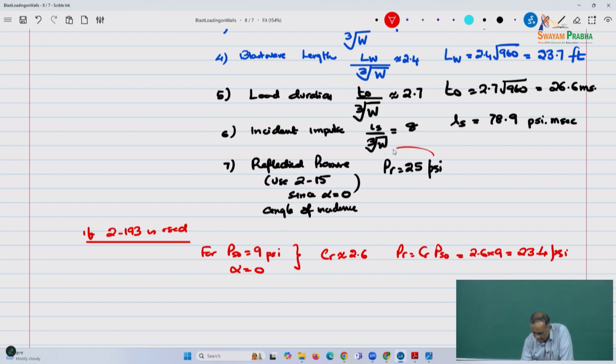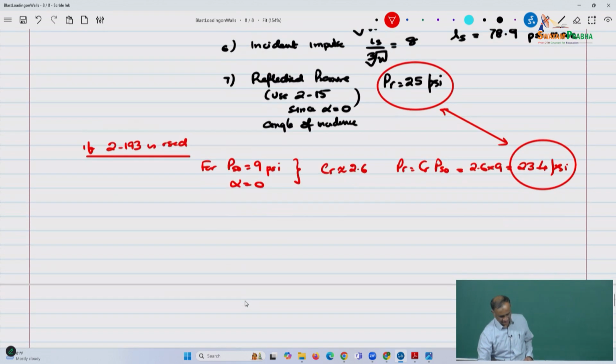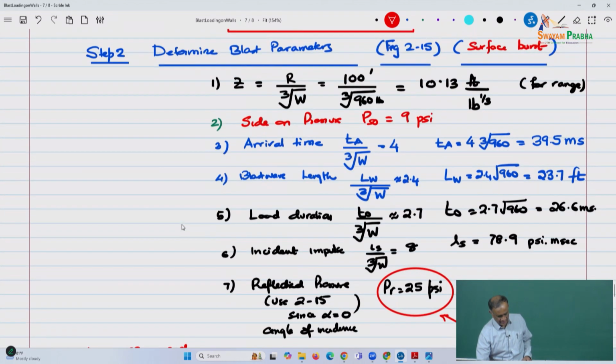So keeping these two not that far apart, you can use whichever is right. So any questions on this part?